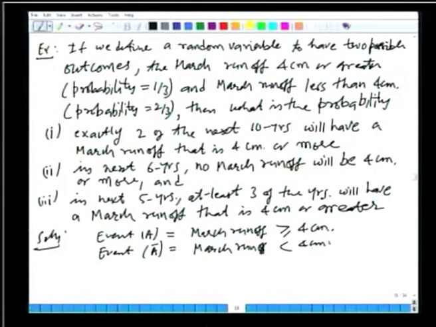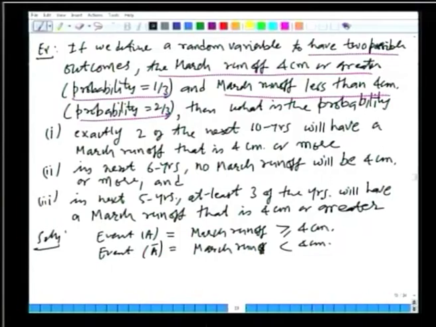That is how we are defining to have two possible outcomes: the March runoff 4 centimeter or greater with probability P, and the March runoff less than this with probability Q. So, this is given to us.